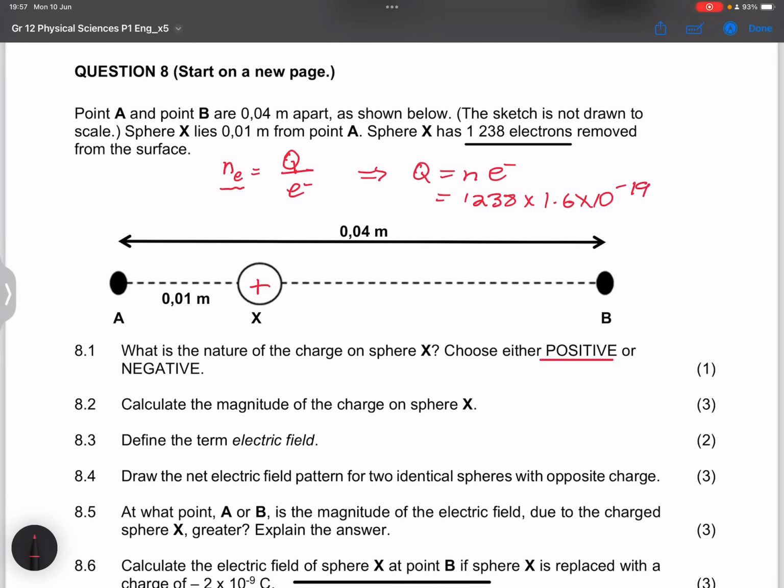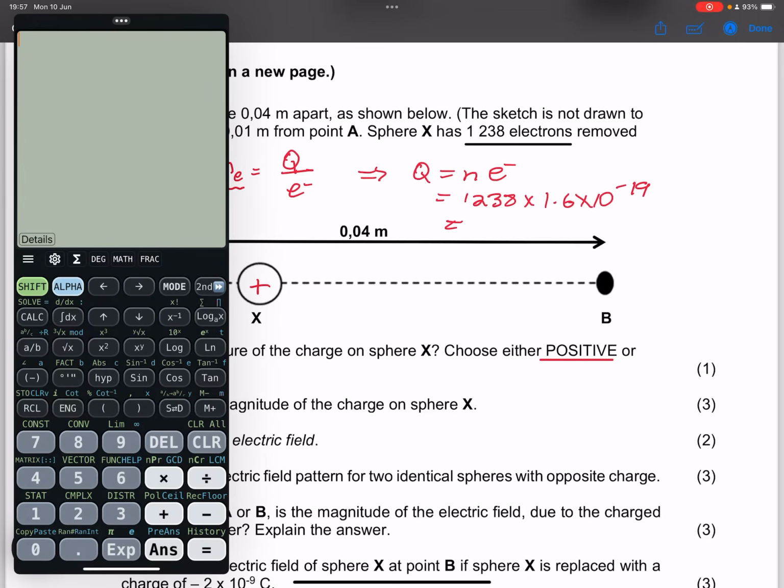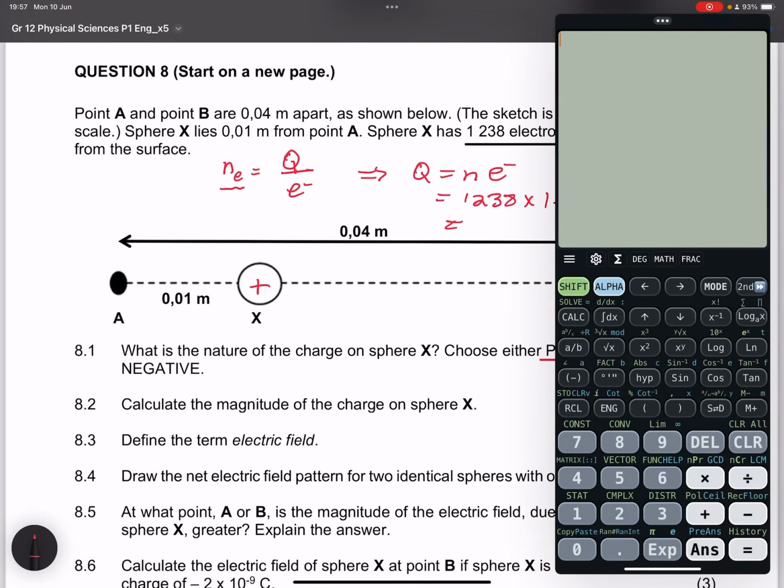And so what that gives us in terms of the charge of sphere X, that's 1,238 multiplied by 1.6 times 10 to the negative 19. So we get a charge of 1.98 times 10 to the minus 16.